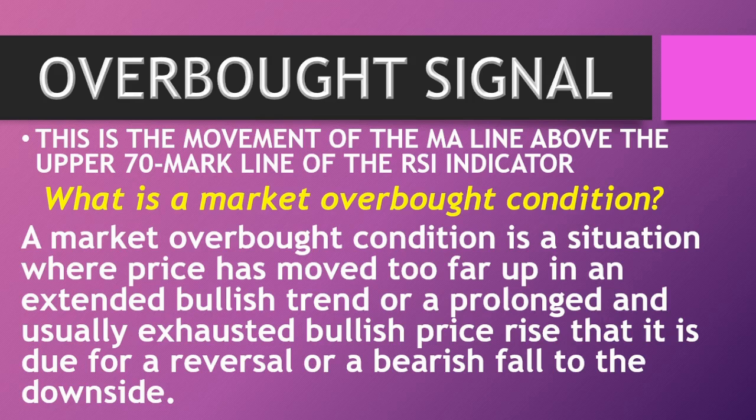This signal is usually characterized by the movement of the MA line or moving average line of the RSI above the 70 mark line and its subsequent retention above the 70 mark of the RSI.